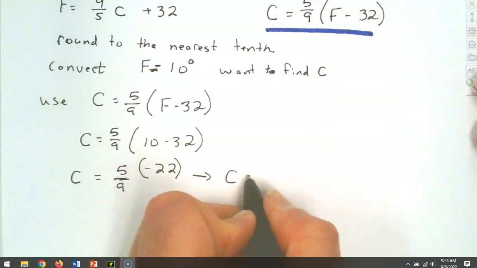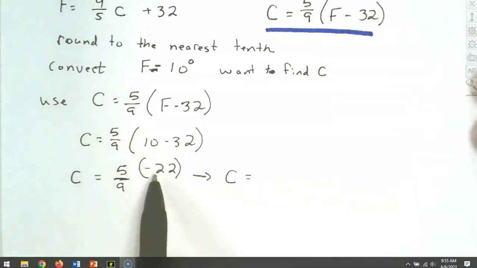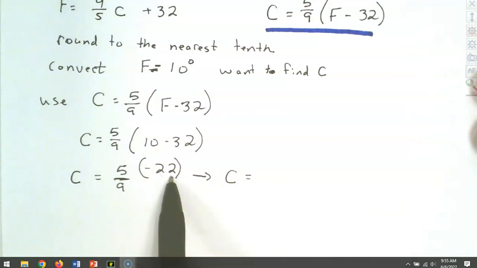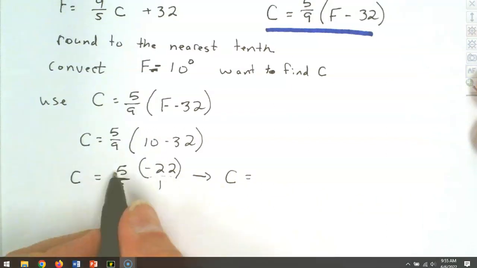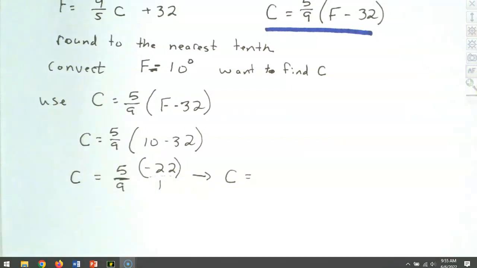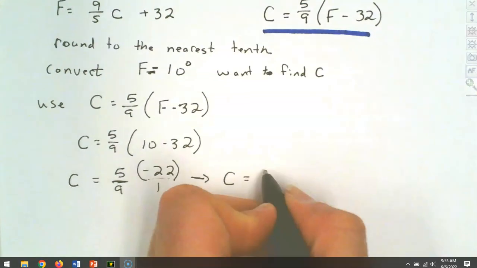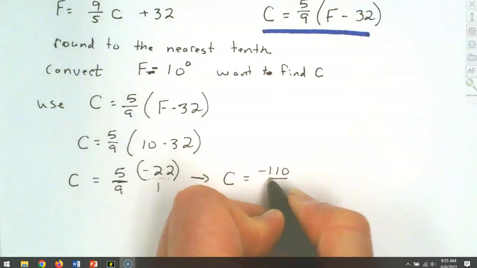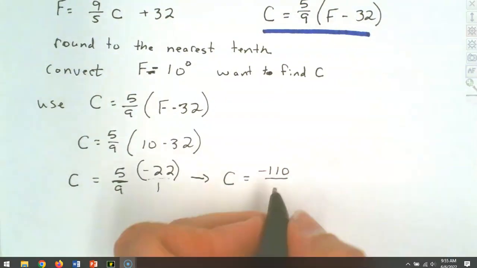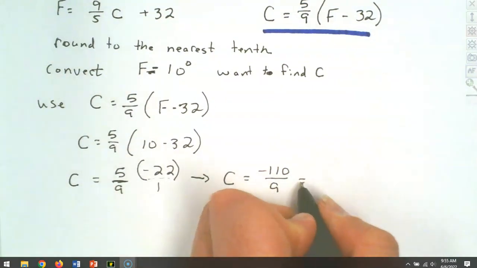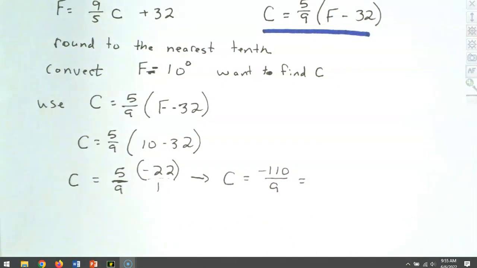Now let's go ahead and multiply. So this, remember, is over 1. So 5 times a negative 22, that's going to be a minus 110. 9 times 1 is just simply 9. Now we can convert this, and we want it to the nearest tenth of a degree.